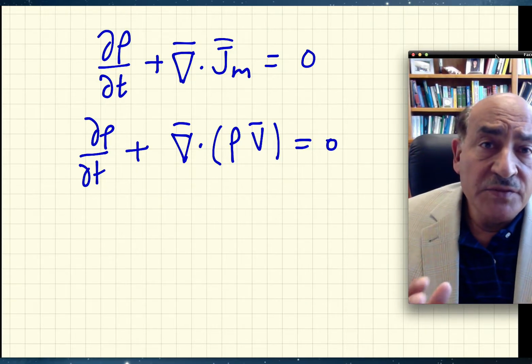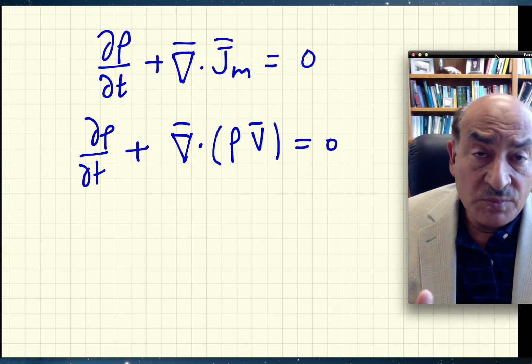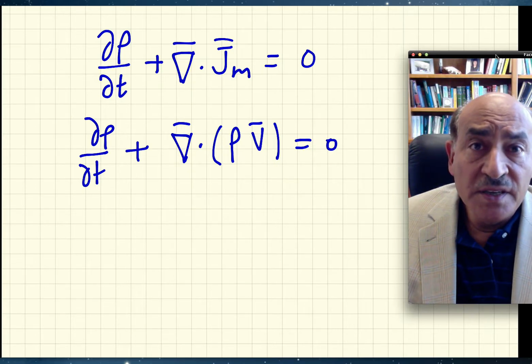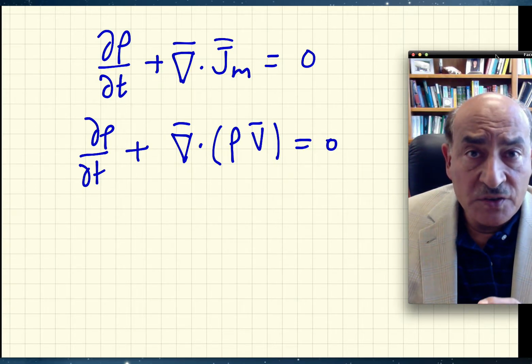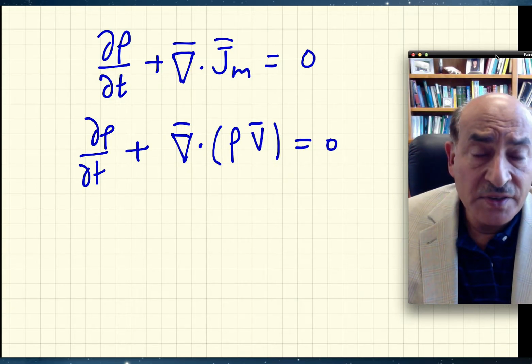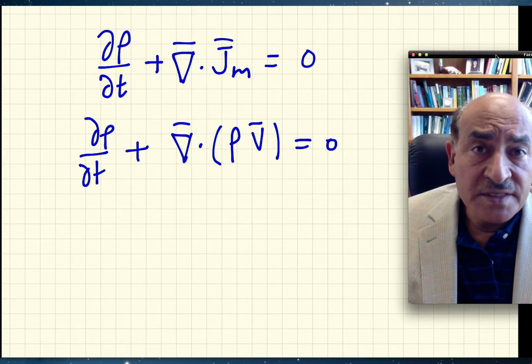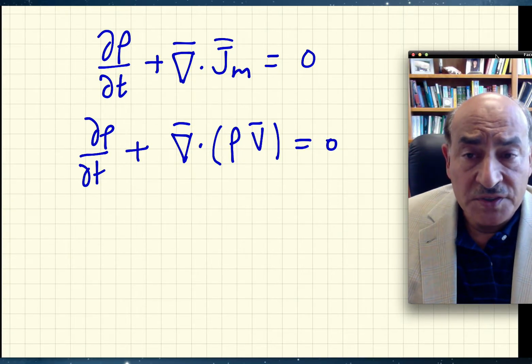When I take the divergence of the product of two functions, it's just like normal derivatives. It will be the first times the divergence of the second, plus the second times the divergence of the first.